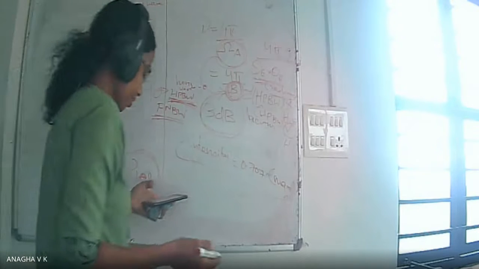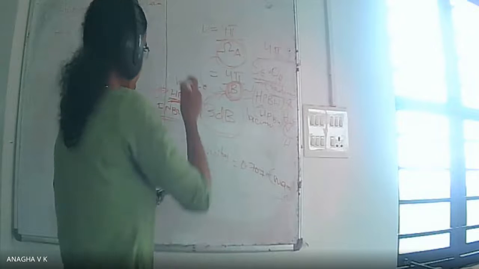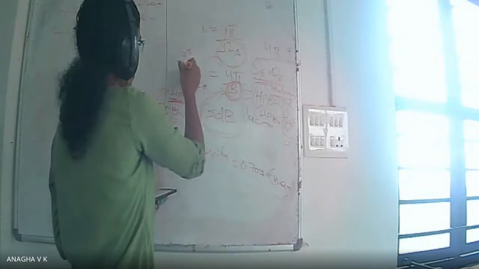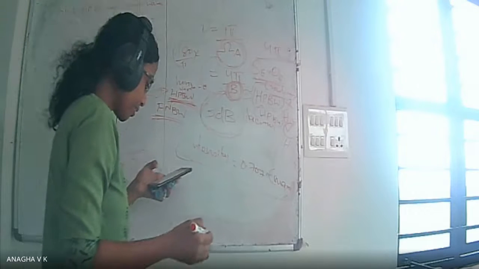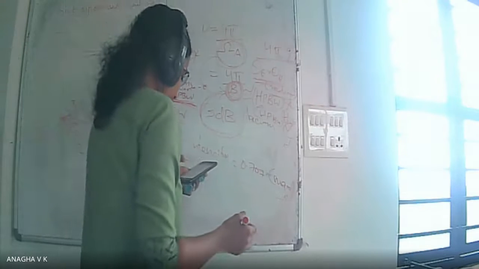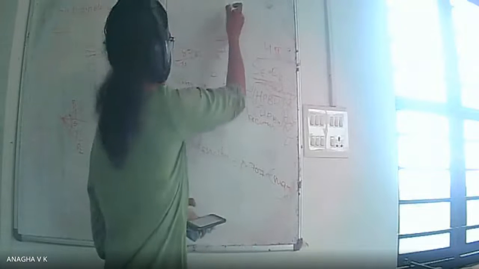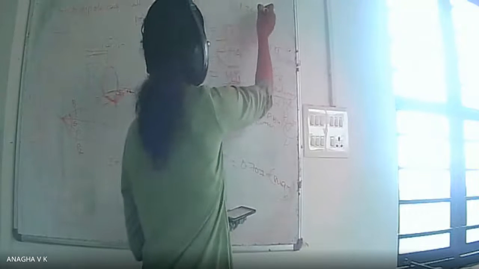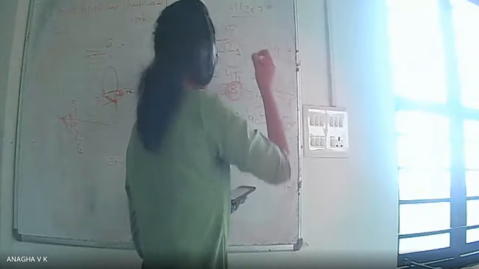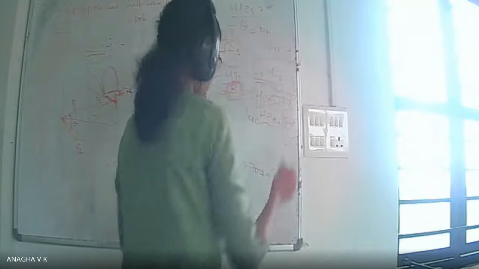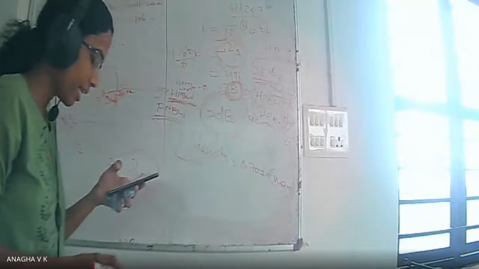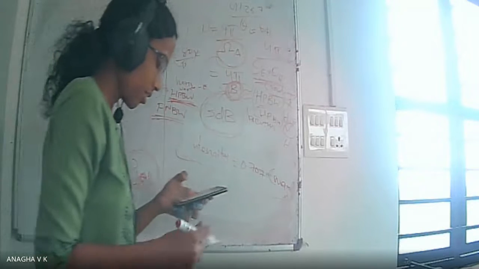So how do we convert? Yesterday I told you, you multiply by (180 by pi) the whole square. Then what will you get? 4125.7 by theta E into theta H. Okay, this is the final equation.